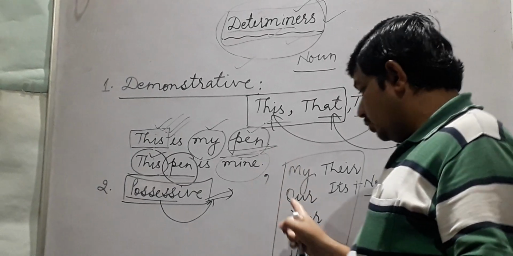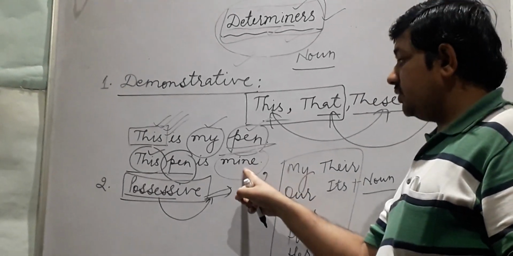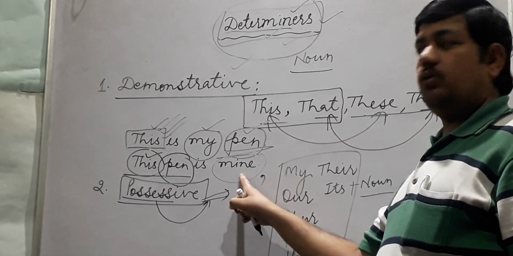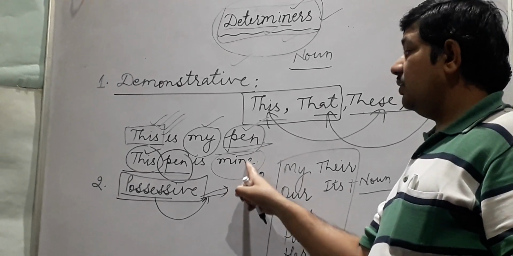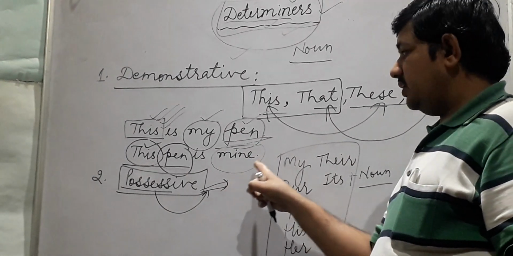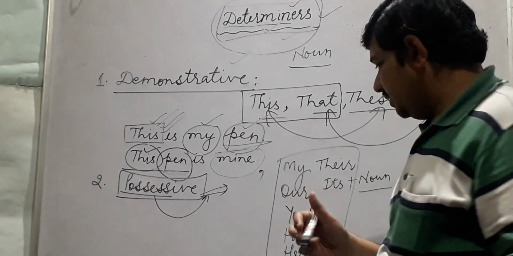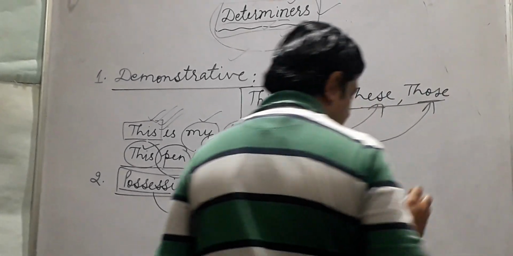Here, this pen is mine. Another word is there which is not mentioned here. Now you cannot say that it is an adjective or a demonstrative determiner. It has a different meaning. Now I make another list here.